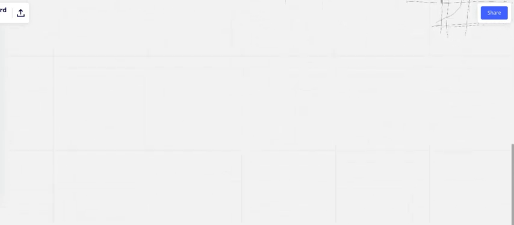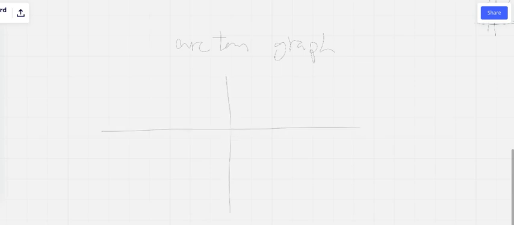After this, let's look at the tangent graph, the arctan graph. In an arctangent graph, the graph will behave something like this. This graph has pi over 2 and negative pi over 2, with the same properties as the sine graph, behaving from pi over 2 to negative pi over 2.